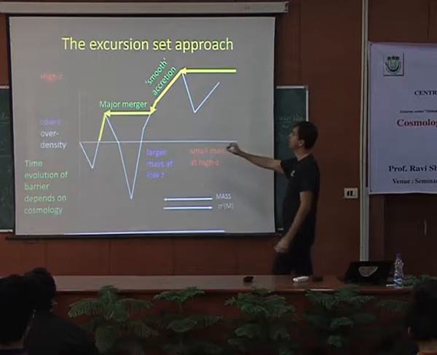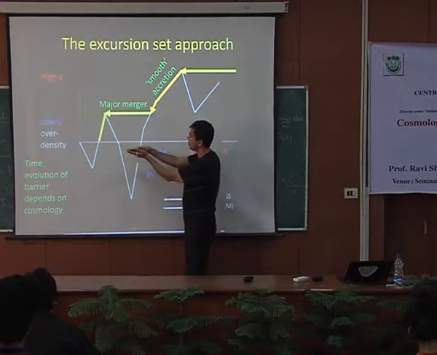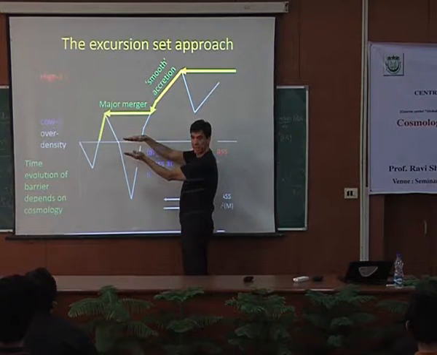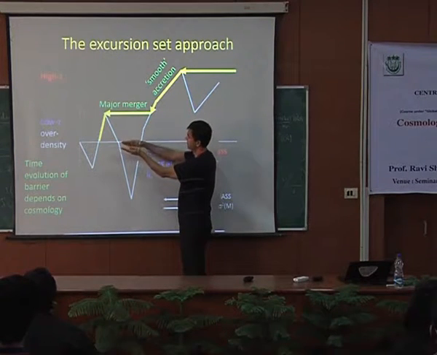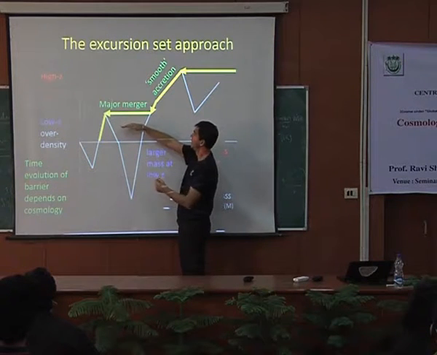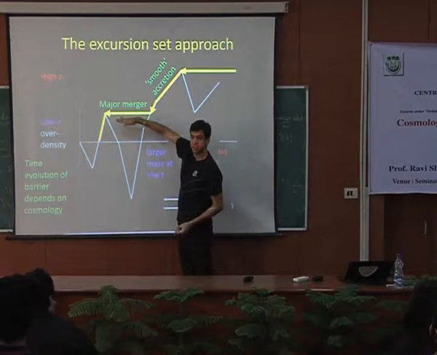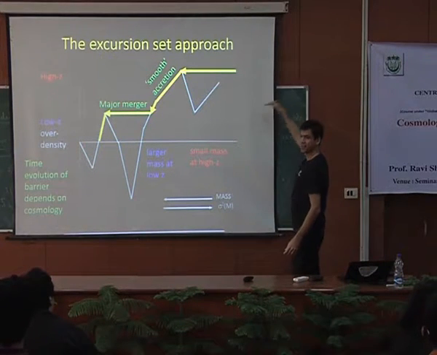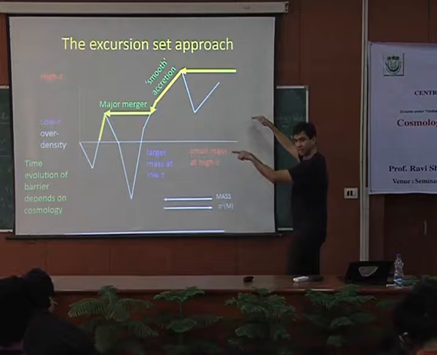Okay? Then I would take the walk and multiply it by the growth factor. Okay? And so now it's whatever it was, 10 times what it was, 20 times what it was, 30 times what it was. And the barrier is always sitting at 1.686, and that means that the walk will now cross at earlier and earlier, right?